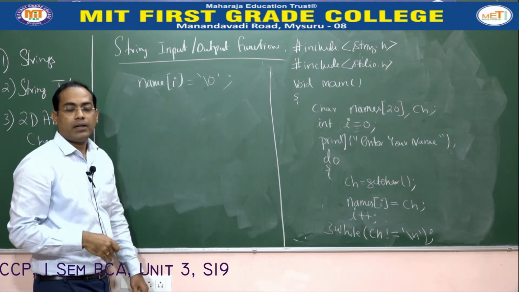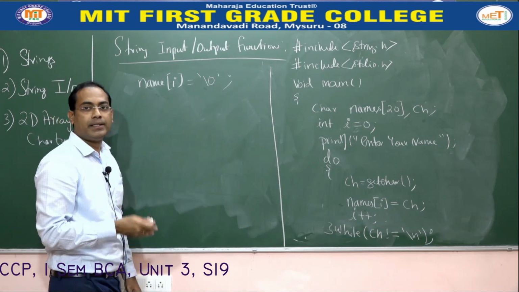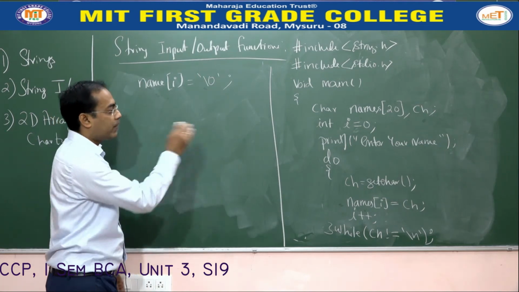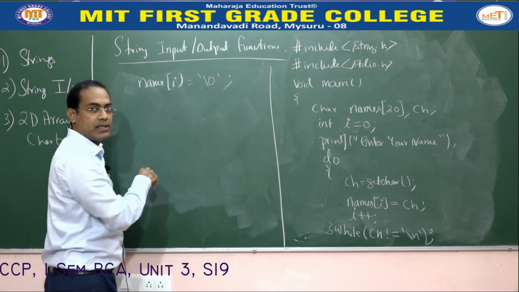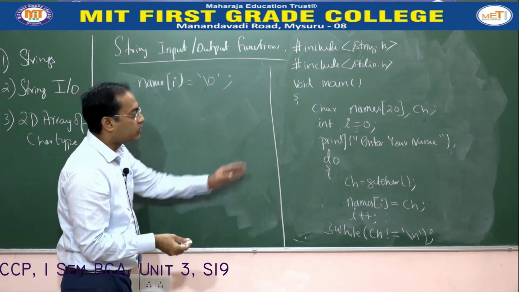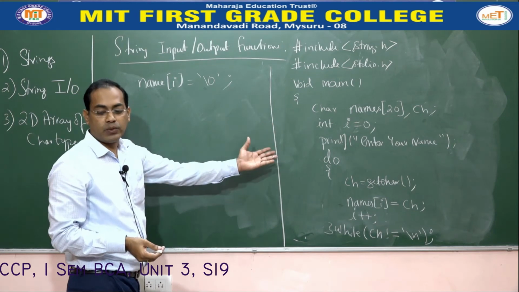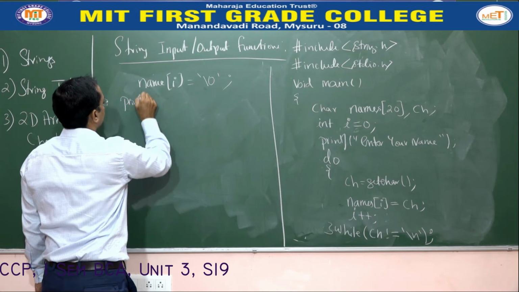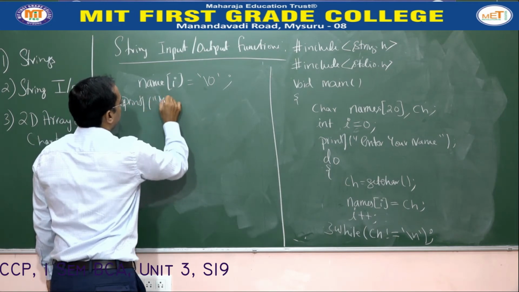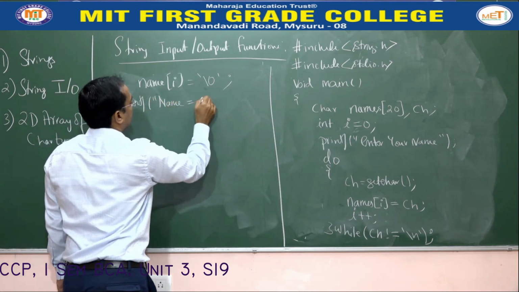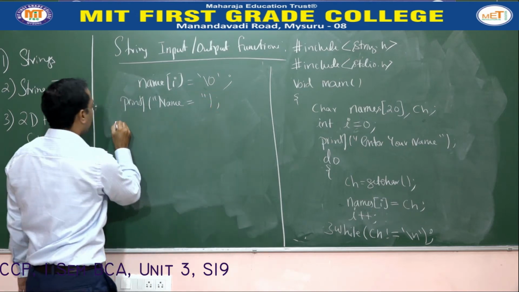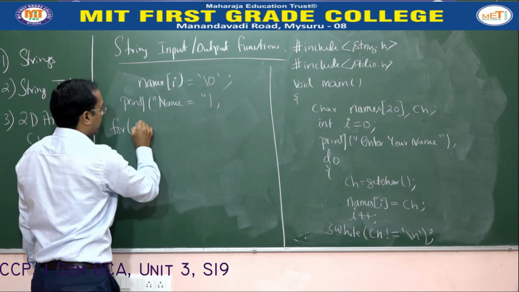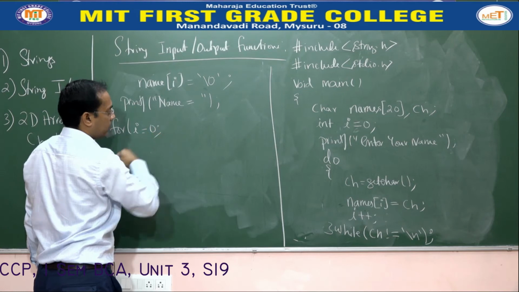Now we will write the loop to display the name that we have accepted. For this, I will take the help of a for loop, just to show you the variety of usage of loops. Printf name is equal to, okay, for loop i is equal to 0.